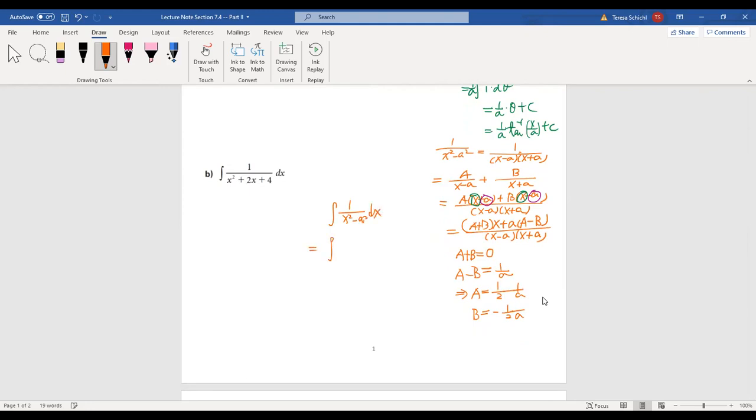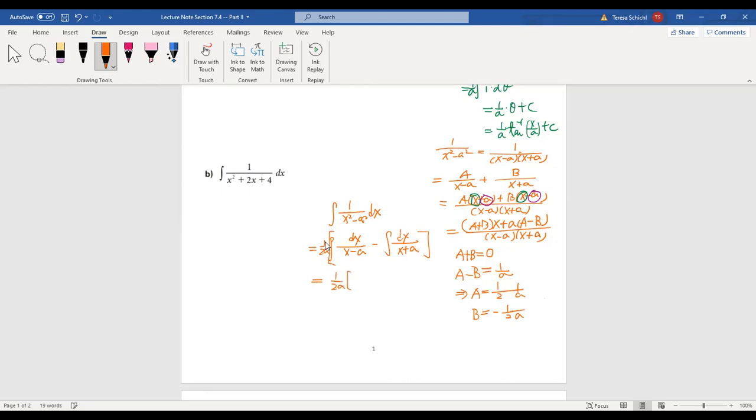Then you can substitute: here will be x minus a, so you'll have dx over x minus a, then you have 1 over 2a, minus this is dx over x plus a, right? So this 2a is outside the parentheses here. That's why this will give you 1 over 2a.